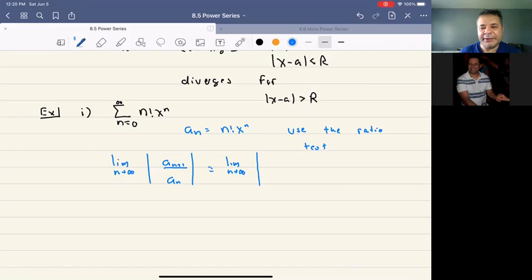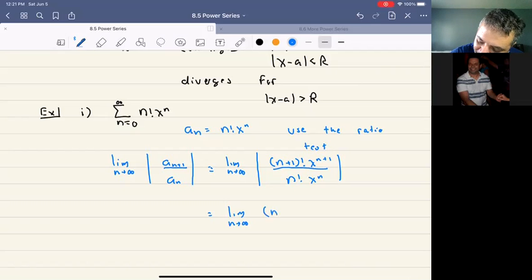Now a sub n plus 1 is going to be n plus 1 factorial x to the n plus 1, and a sub n is n factorial x to the n. Okay, so this is going to be the limit as n goes to infinity of n plus 1 times the absolute value of x.